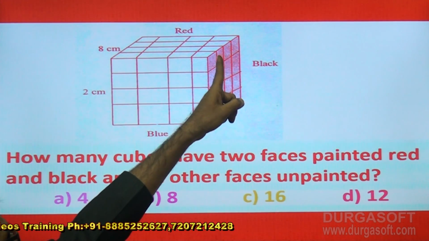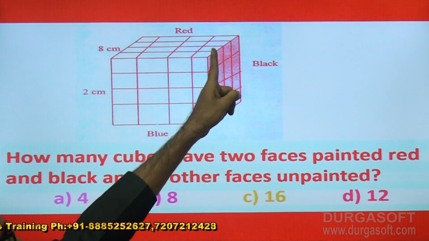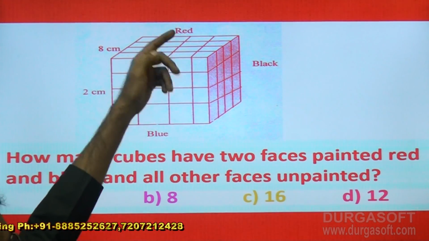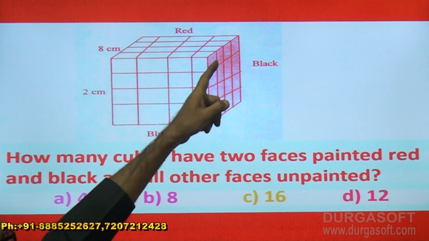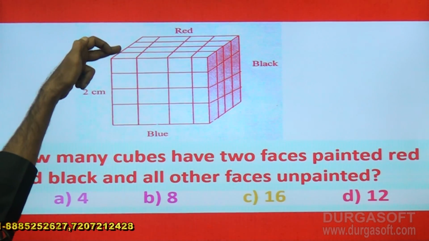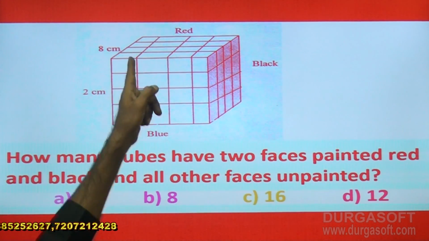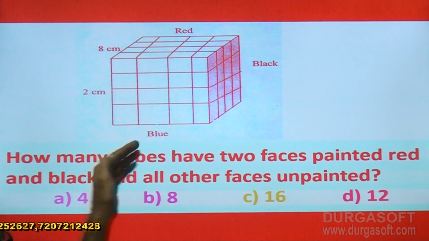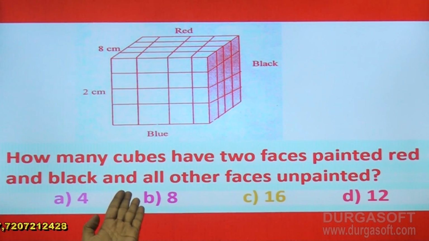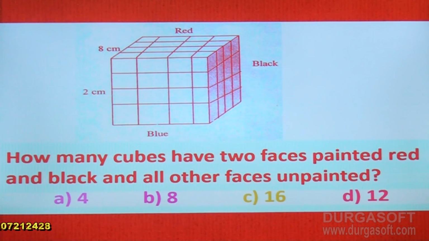So this is one cube and this is one cube. Two cubes are there at one edge. At the top, one edge has two required cubes. Here on this edge two are there and this side edge also two are there. So 2 plus 2, 4. The same thing at the bottom: these two and the other side 2. So 2 plus 2, 4, and bottom 4. 4 plus 4, total 8 cubes are required cubes. So answer B is going to be your right option.